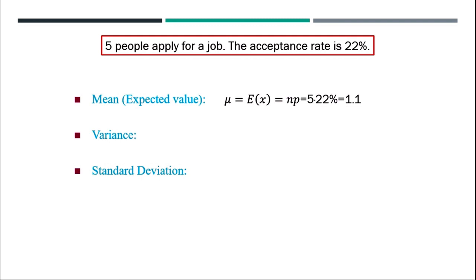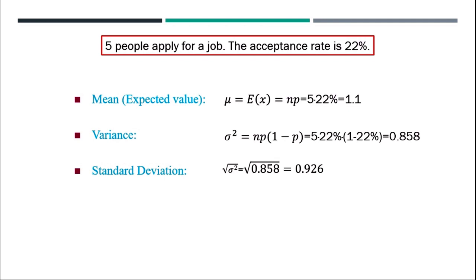That means for any 5 people who apply for this job, 1.1 people will get the job on average. The variance is 0.858 and standard deviation is 0.926.